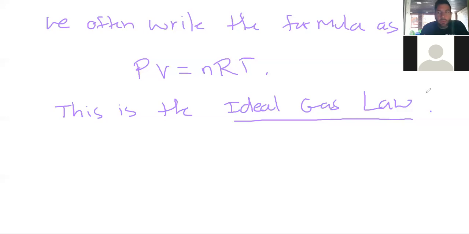Once again, we've built up to this. As a scientific community, you start by studying two quantities at a time. We'll study these two, then these two, then these two. And then what you realize is that you can combine all these into one formula.